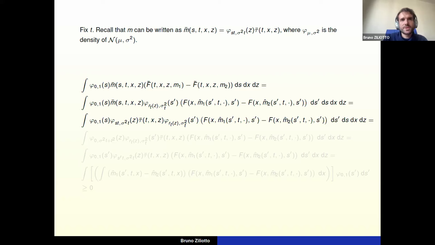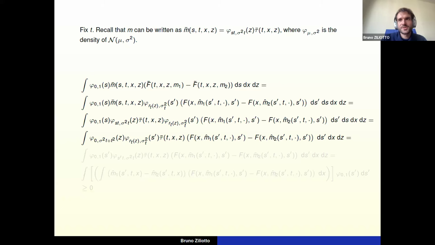Now, the second step is to use the separation lemma. We know that M bar is a product, so we just replace M bar by its expression. So M bar is equal to some term with phi times tau bar. Now it's starting to be many terms, but luckily, we observe that there is this term phi_{0,1}(s) phi_{s,t,sigma squared t}(Z) that we can interpret in the following way.